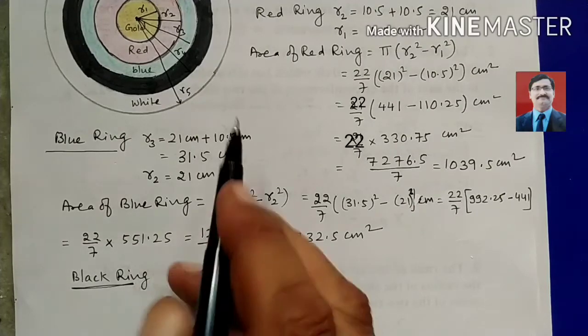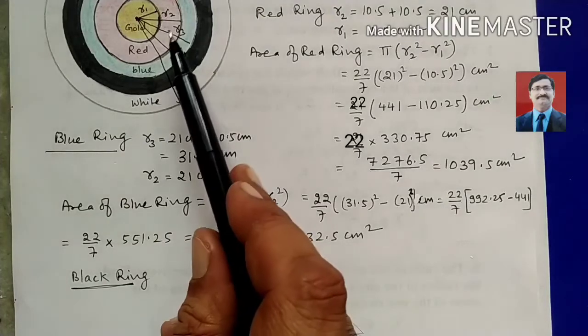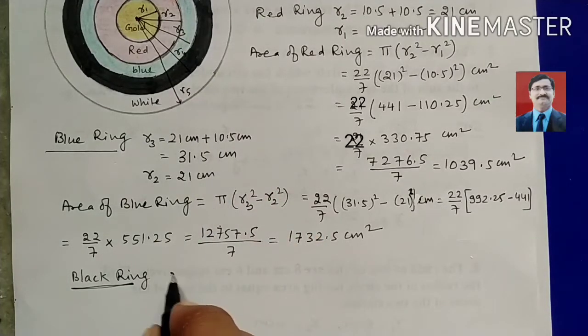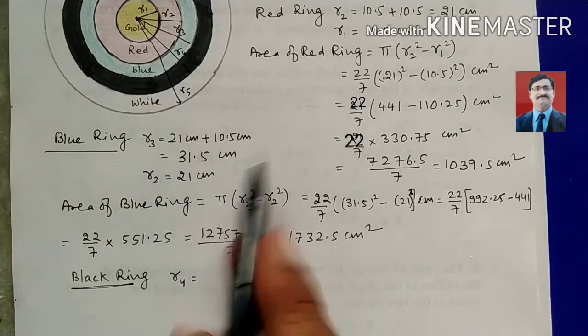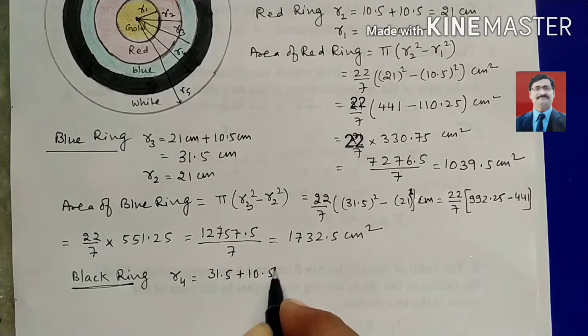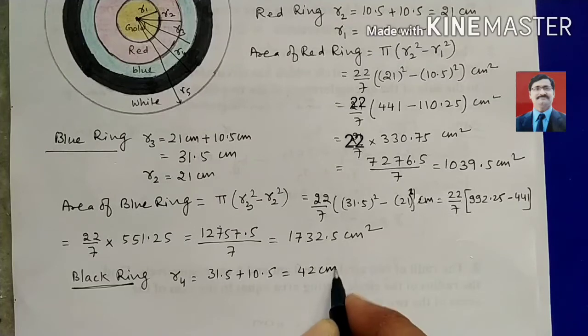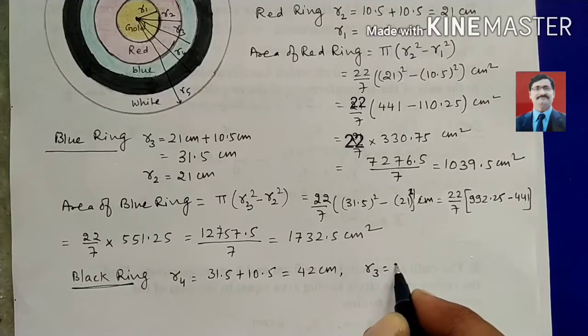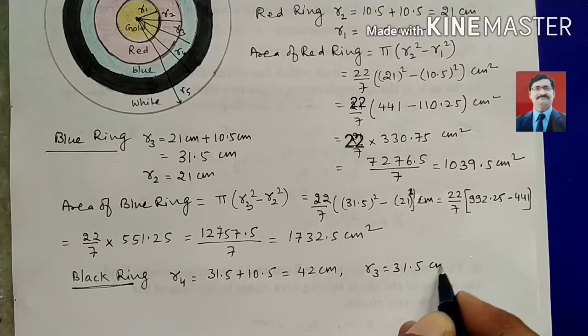Black ring, you can see in the diagram R4 and R3. R4 is equal to R3, which is 31.5, plus 10.5, so we get 42 centimeter, and R3 is 31.5 centimeter.